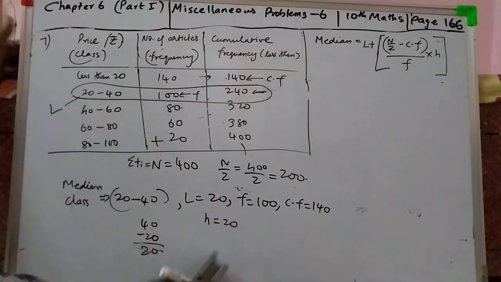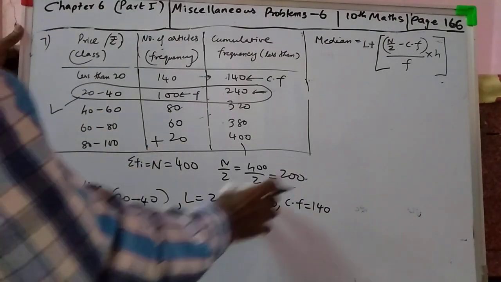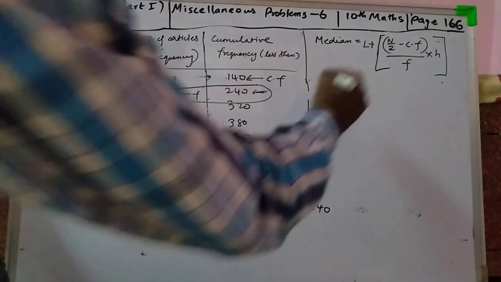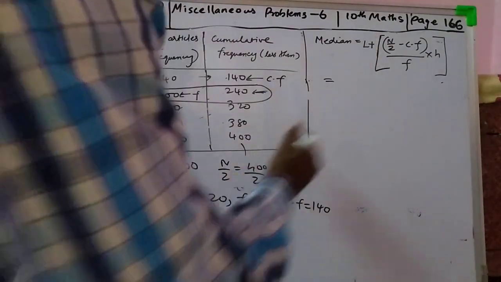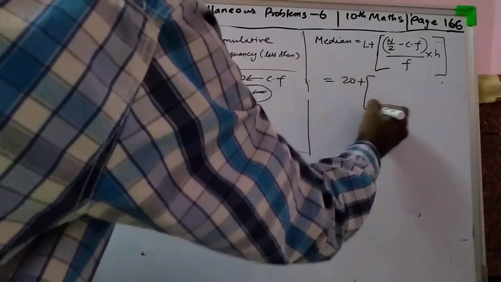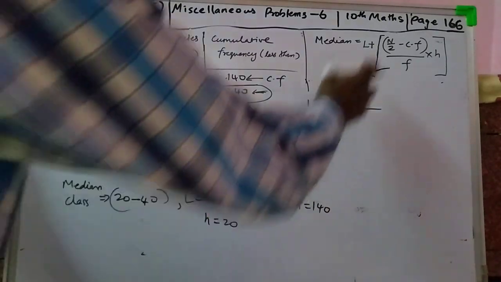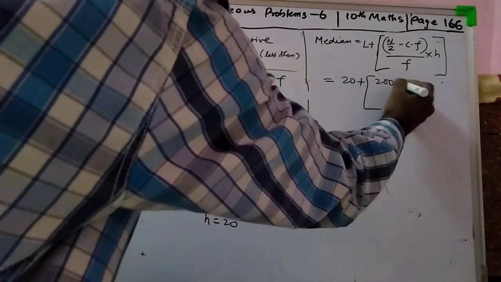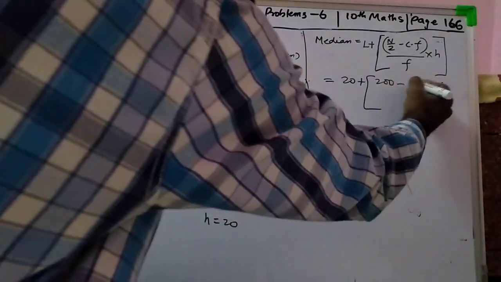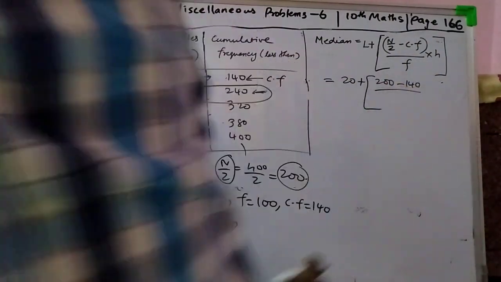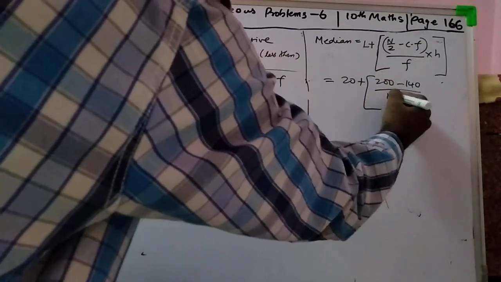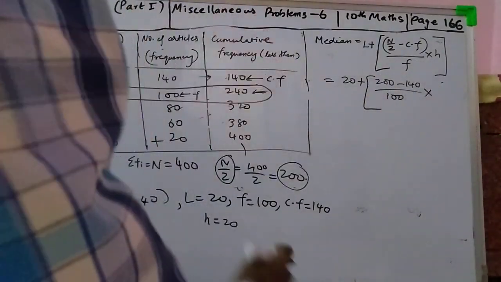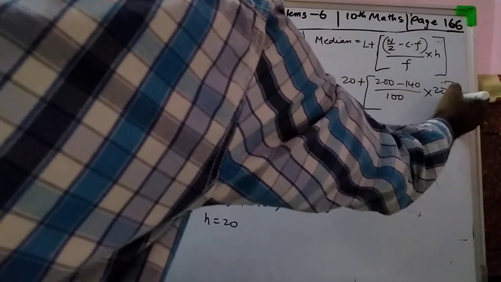Now we have all the values. We have to put them here. L is 20 plus n by 2, which is 200, minus CF, 140, upon F, 100, into width, 20.